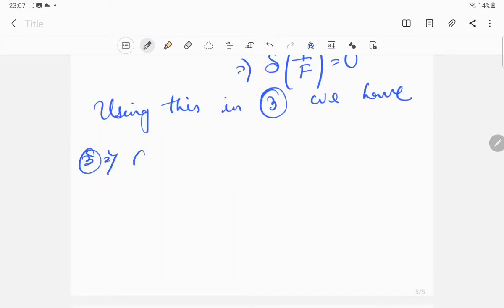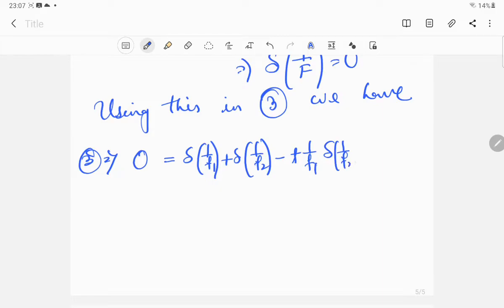So 3 implies 0 equal to del of 1 by f1 plus del of 1 by f2 minus t into 1 by f1 del of 1 by f2 minus t into 1 by f2 del of 1 by f1. So that is the thing.